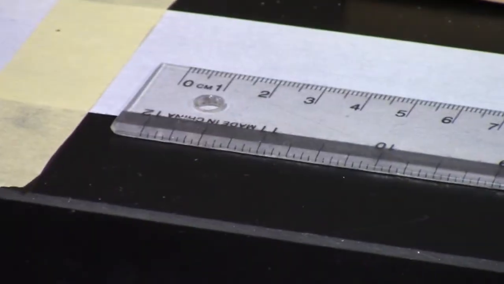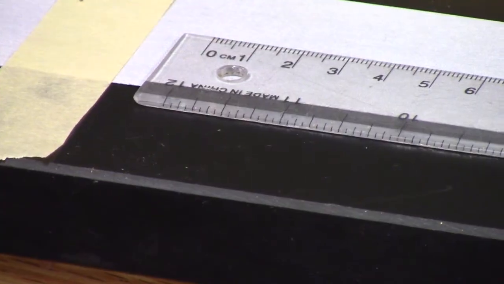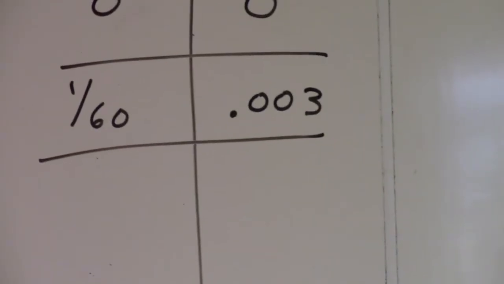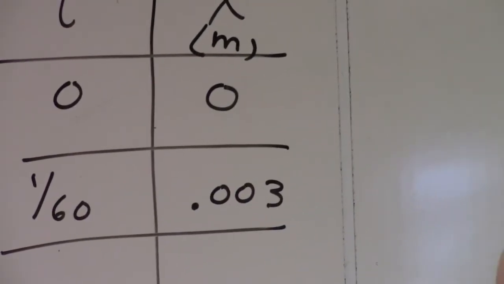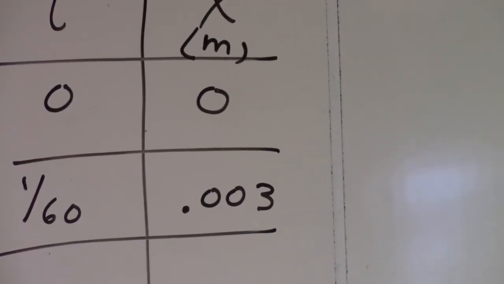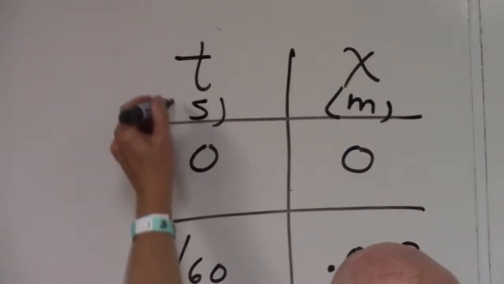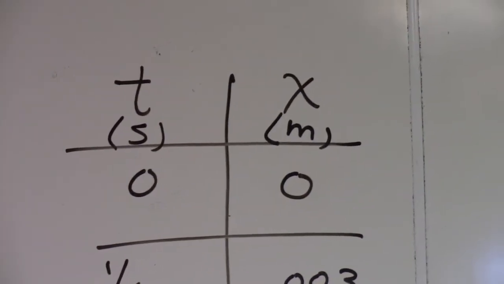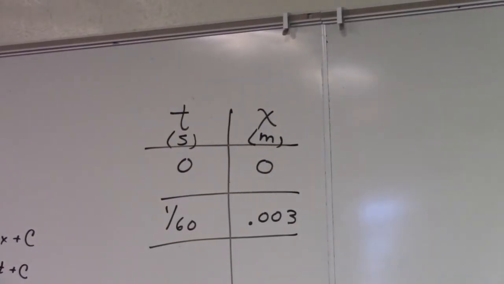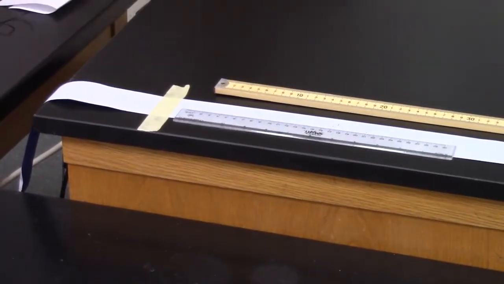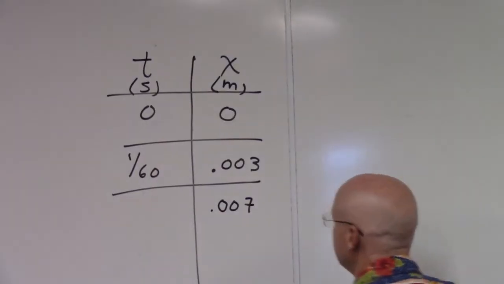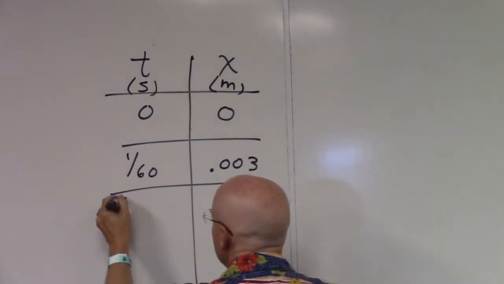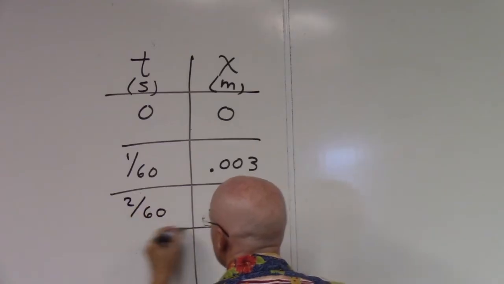So doing a measurement in meters would be 0.003. And I'll just do one more, but like I said, I want to set this up so you do the measurements. Let me make sure that I put here in seconds. Okay, so the next dot is about 7 millimeters, 0.007, and that is 2/60th of a second.